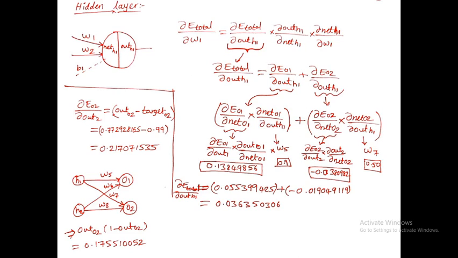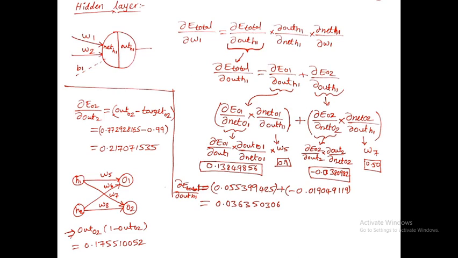And if you multiply W5 with dou E O1 by dou net O1, that is nothing but 0.13849856 into 0.5, you will get 0.0555399. If you add those things, you'll get dou E total by dou out H1 as 0.036350306. That is only the first term in the first equation.